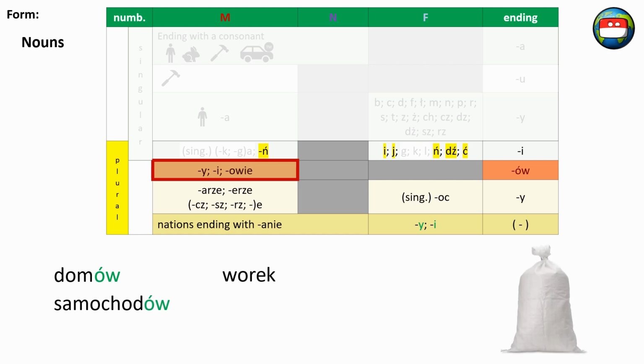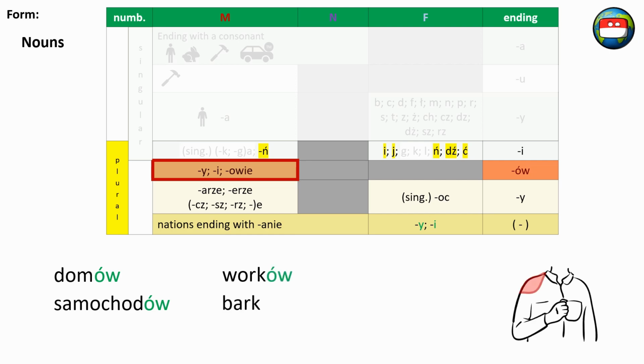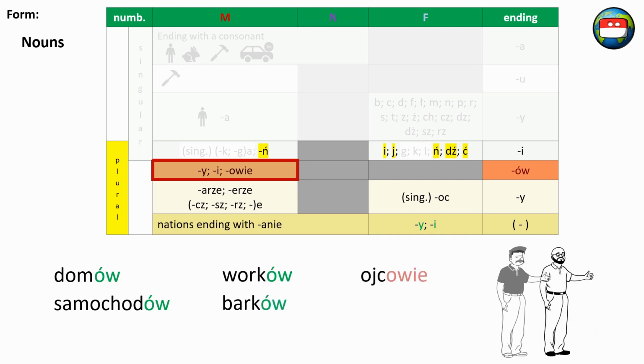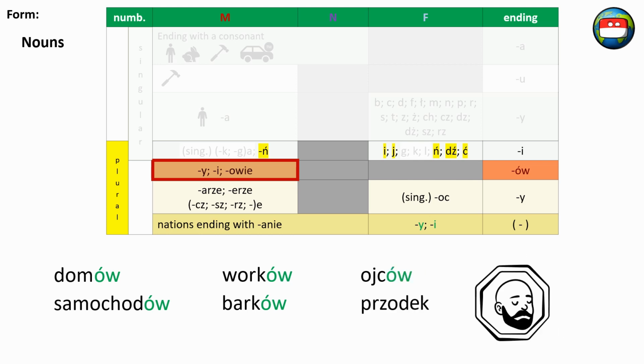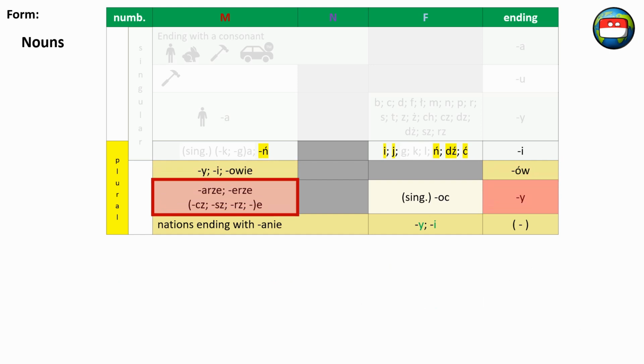Worek, worki, we drop the letter i, worków. Bark, barki, barków. Ojciec, ojcowie, ojców. Przodek, przodkowie, przodków.